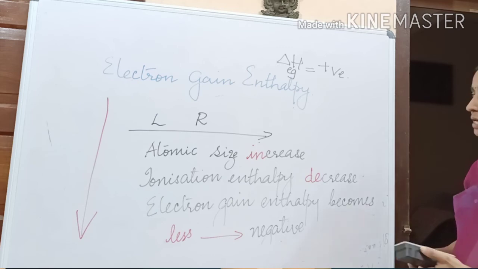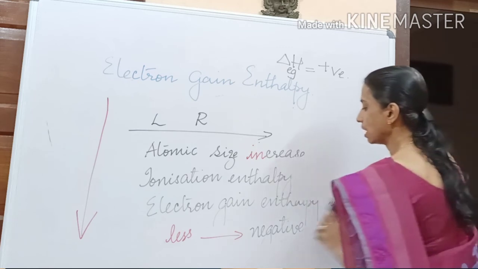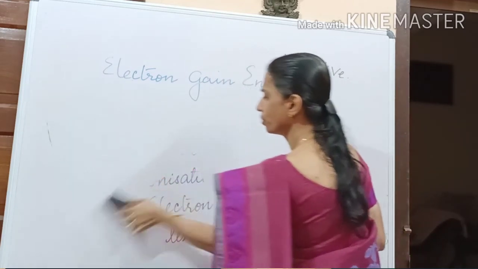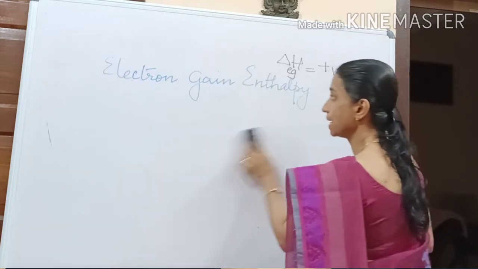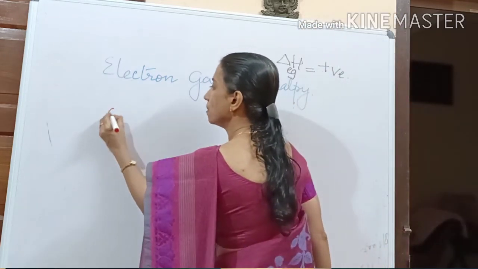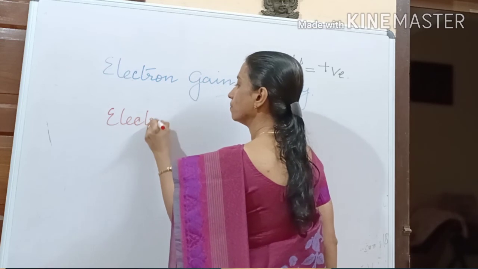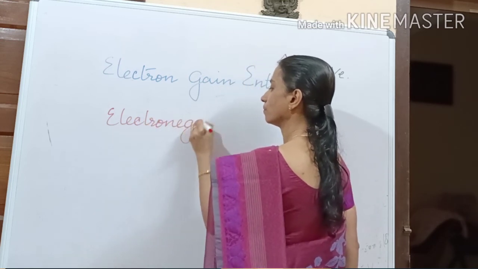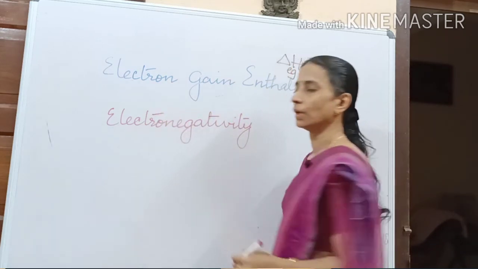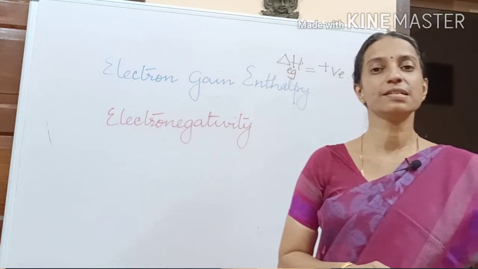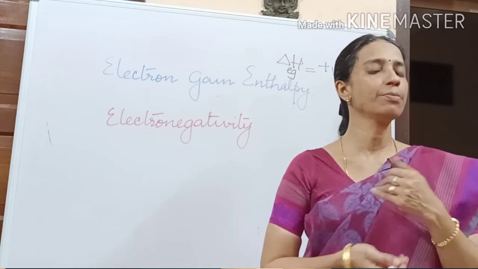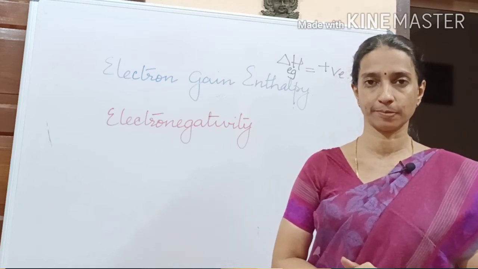Now one more trend is there, which is known as electronegativity. So what is the difference between electron gain enthalpy and electronegativity? Electronegativity is the tendency of an atom to attract a shared pair of electrons towards it.